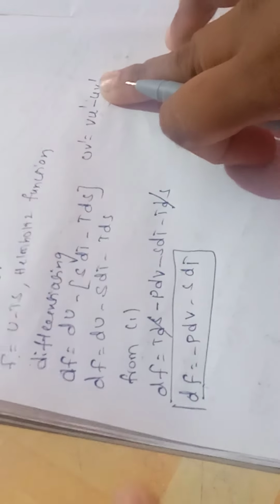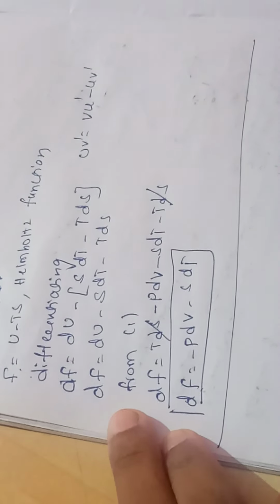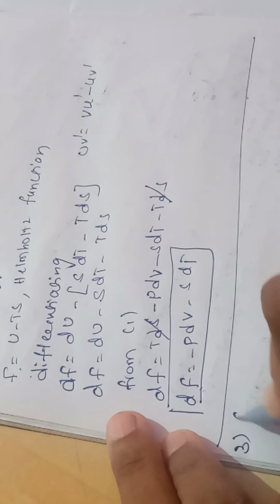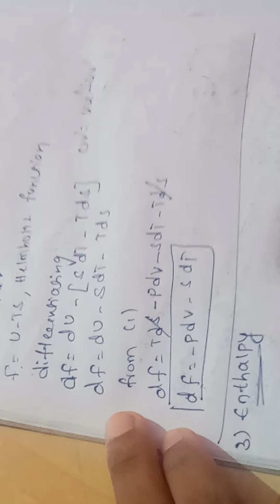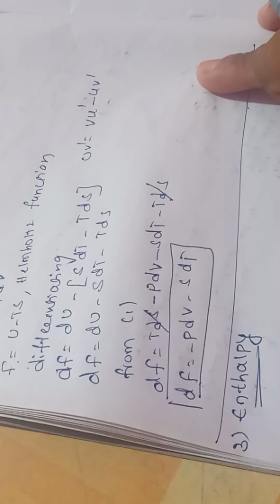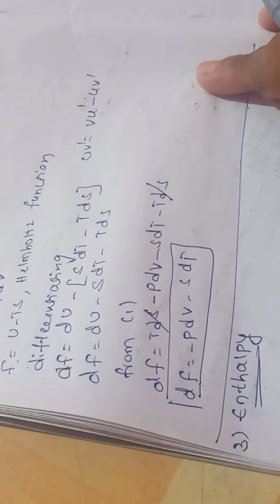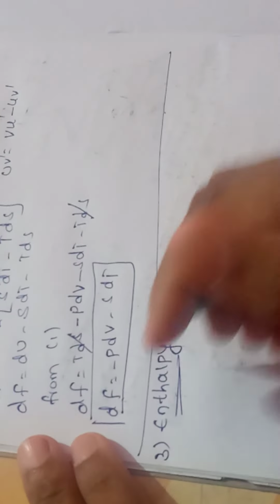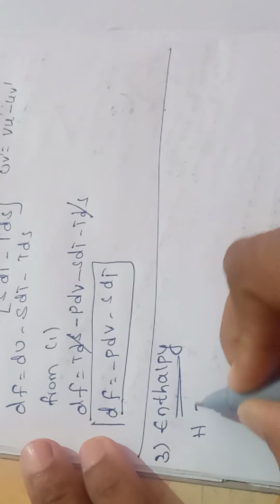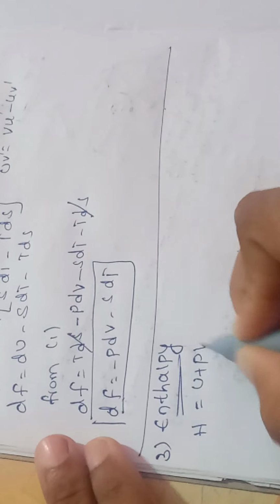Right? Now next, let us move to the third thermodynamic potential, enthalpy. It is expressed as H equal to U plus PV.